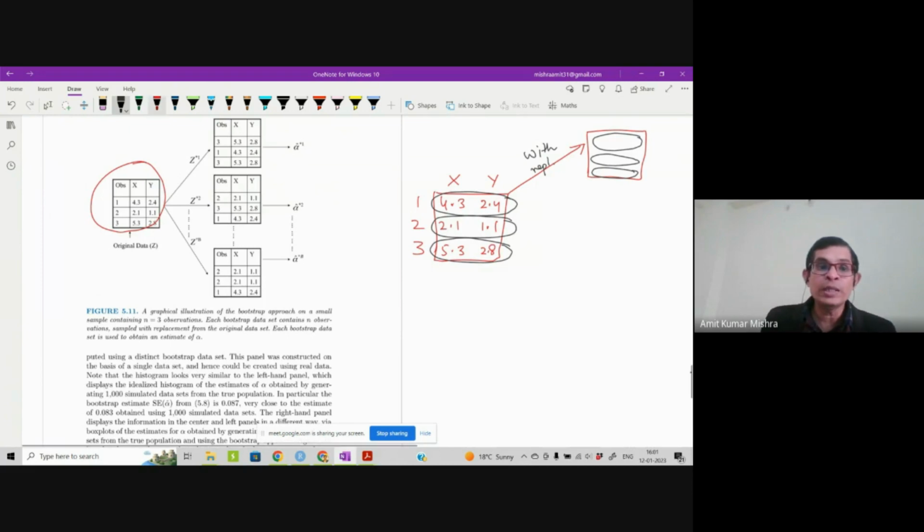So if you see here, in first one, you see 5.3 for 2.8, this data point is repeated. In the second bootstrap sample, you can see that no data point is repeated. In the last one, you can see that 2.1 and 1.1, this data point is repeated.